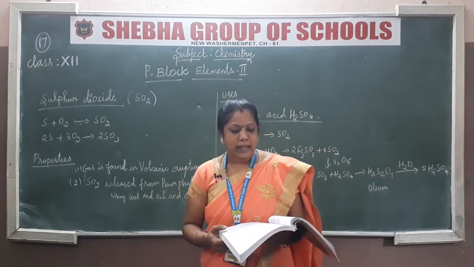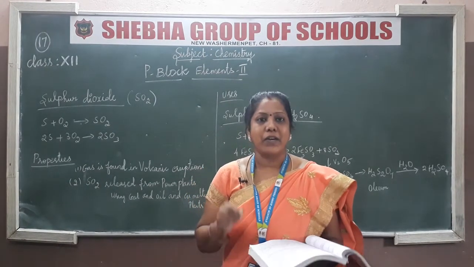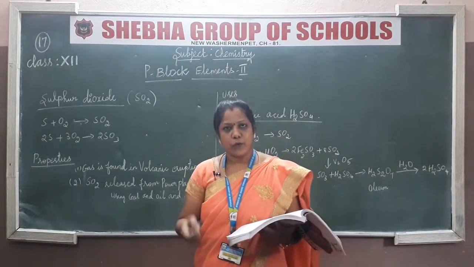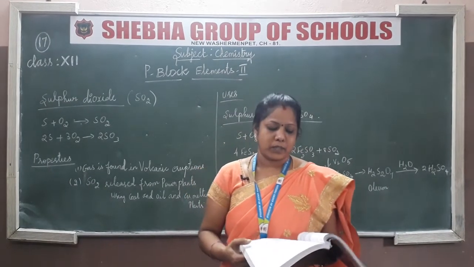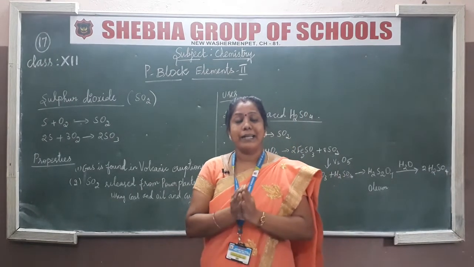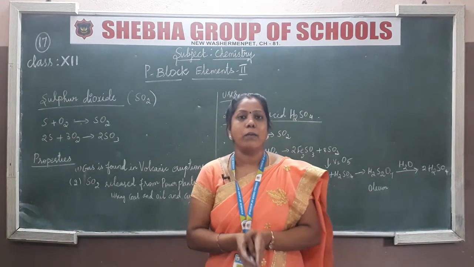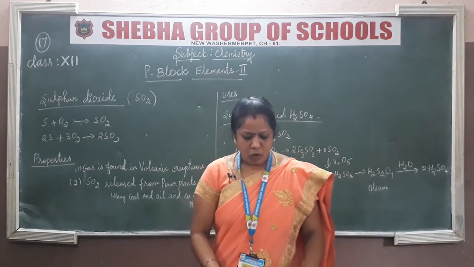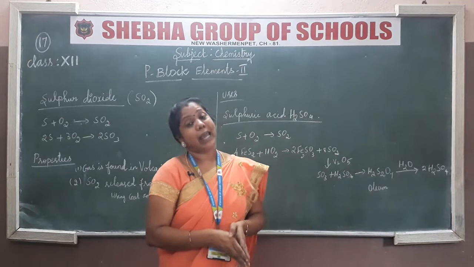And then for the bleaching action, sulfur dioxide reacts with water, and again we get sulfuric acid and hydrogen. That is not molecular hydrogen, it is nascent hydrogen, so it is the atom of hydrogen. Okay.